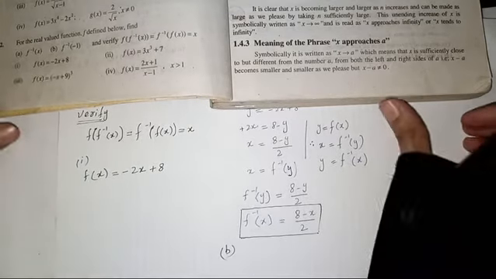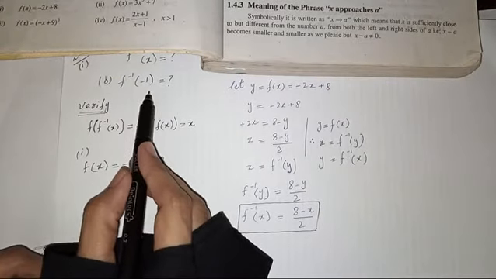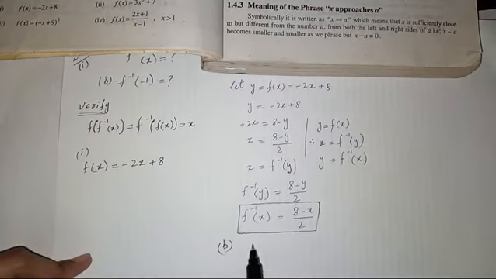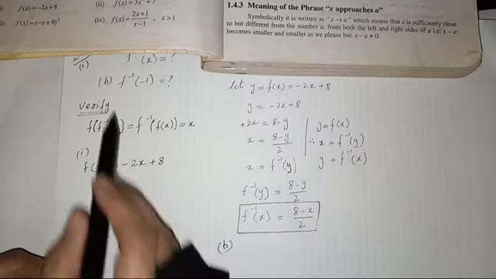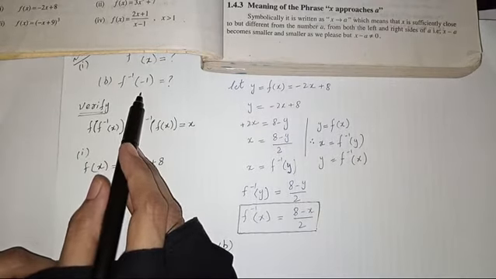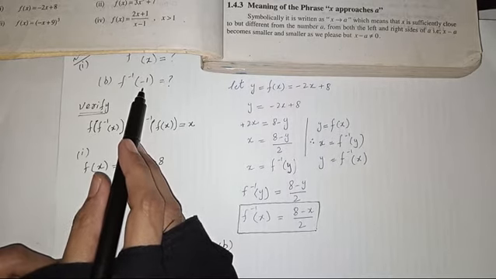In B part, now we have to calculate f inverse minus 1. So in this given function f inverse, in place of x put minus 1, as we have done in last questions. Okay, we have to calculate now f inverse minus 1. So to calculate f inverse minus 1, in replacement of x put minus 1.